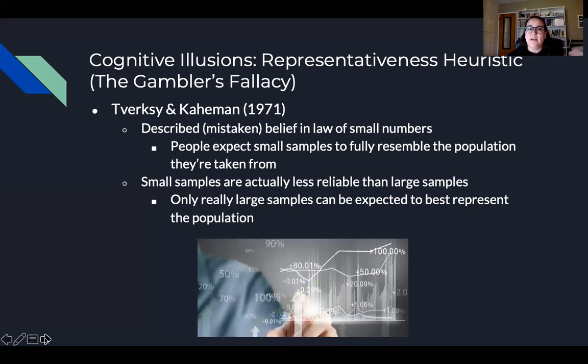And so again, if we're using this representativeness heuristic, thinking, oh, well, this set of coin flips or this set of roulette spins or this small set of people must represent the larger whole from which they're coming, then you're likely to be making some cognitive errors in the future if you're depending on that.